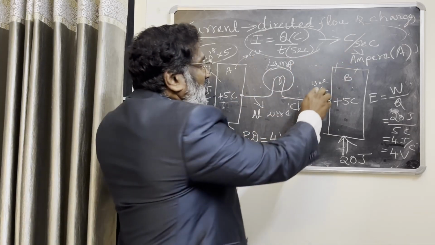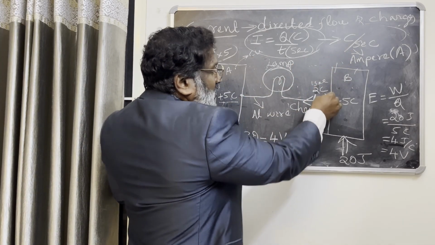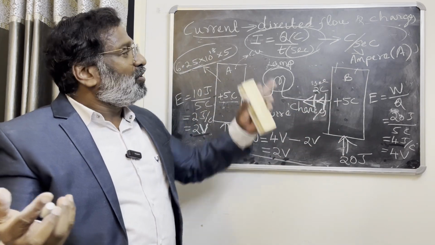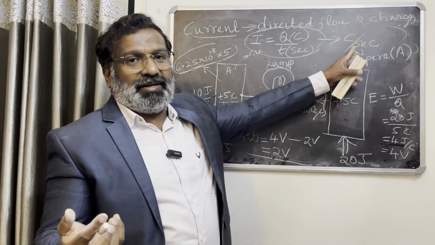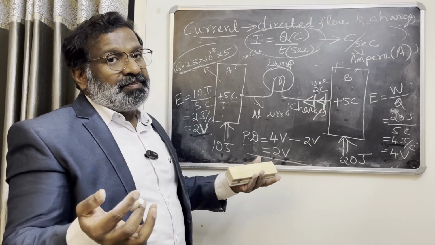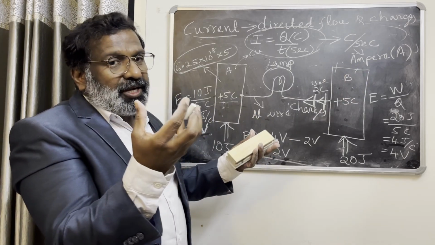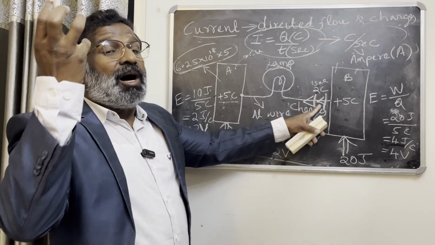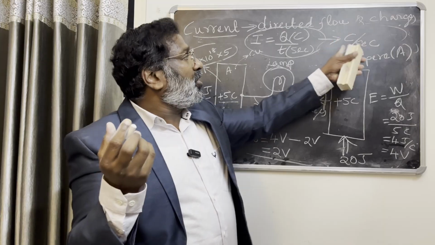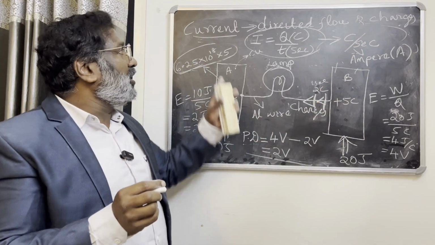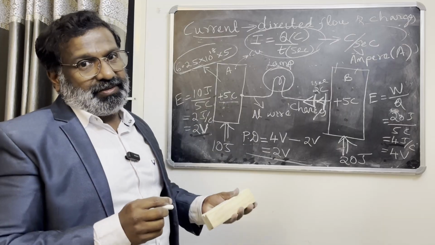If 2 coulomb of charge passes through the section of conductor in 1 second, what is the current? 2 ampere. 2 coulombs per second. So the amount of charge passing through a section of conductor in 1 second is the unit for current, and it is ampere.